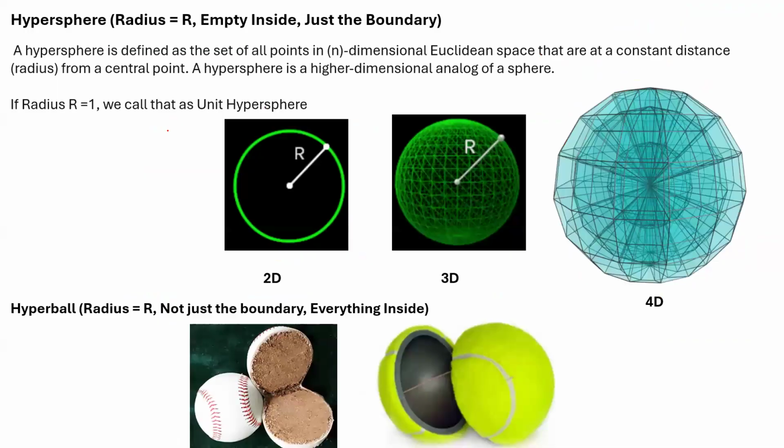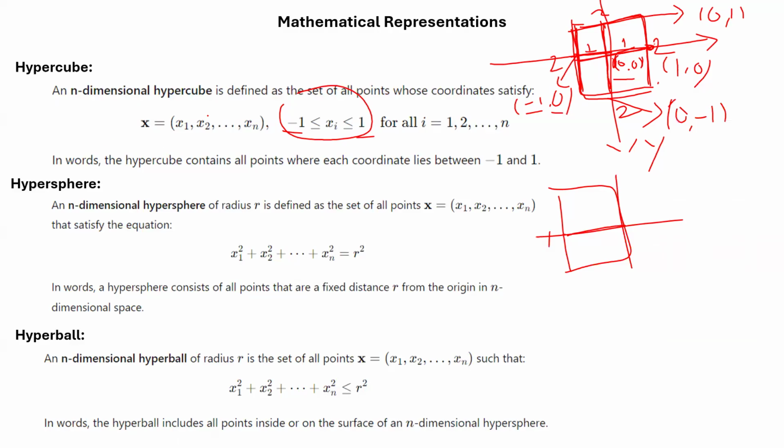So if you take a two-dimensional point, now we are talking about two dimensions. You will have 2 coordinates, and these may just be within minus 1 to 1. Each xi may stay in this range between minus 1 and plus 1.